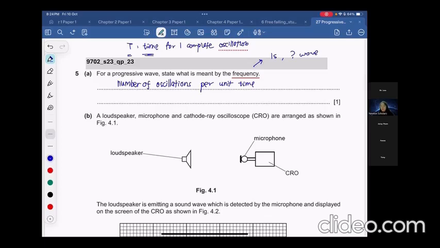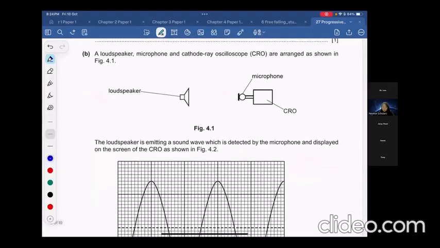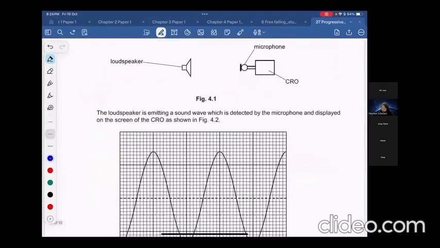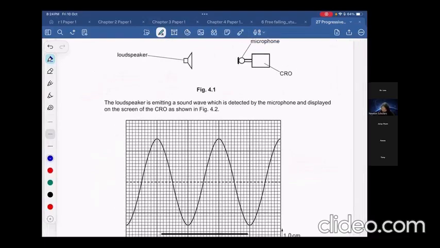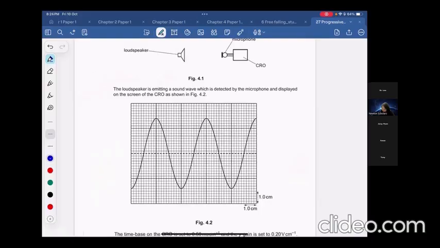Okay, next question. A loudspeaker, microphone and CRO oscilloscope are arranged. The loudspeaker emits a sound wave which is detected by the microphone and displayed on the oscilloscope.